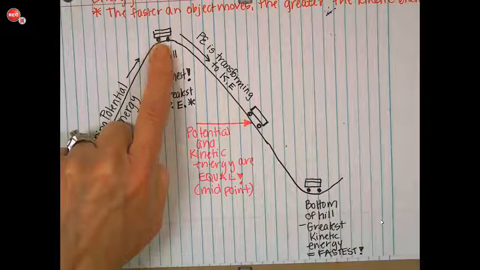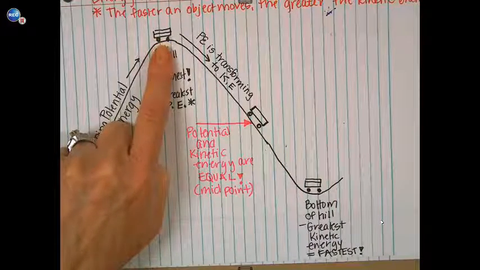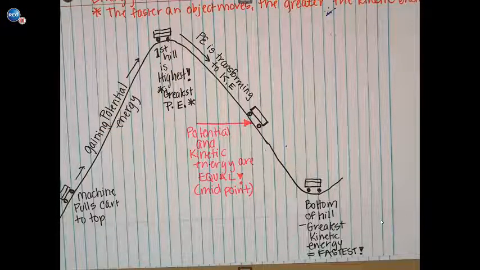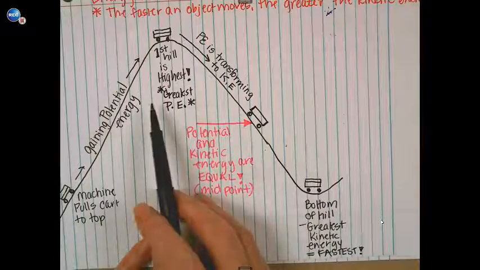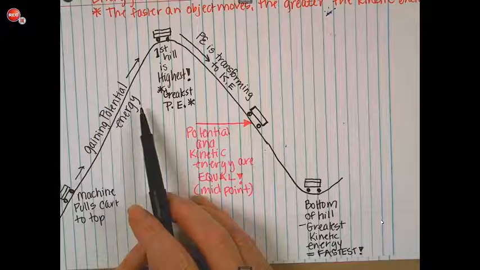They want to make sure they have enough gravitational potential energy here to make it through all the ups and downs and circles and twists and whatever there is on that coaster. And that's how you build a roller coaster. Make sure you have your greatest potential energy here that will carry you all the way through.